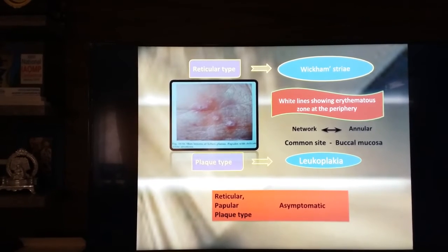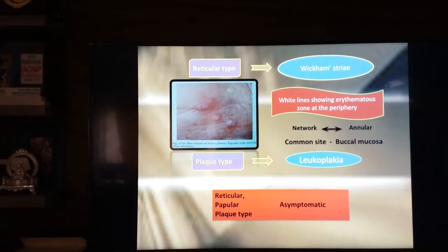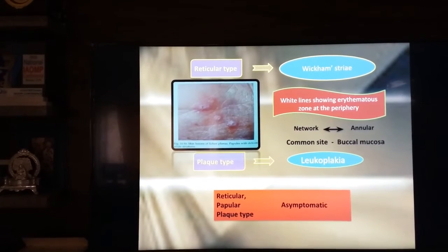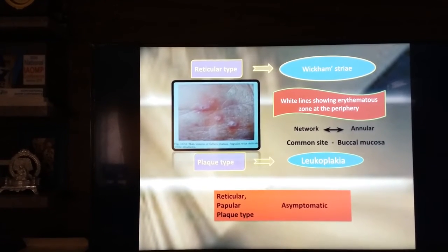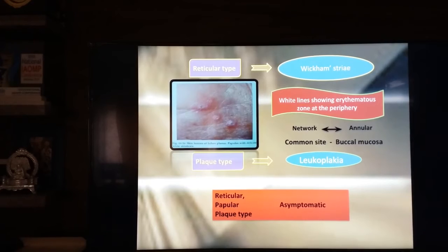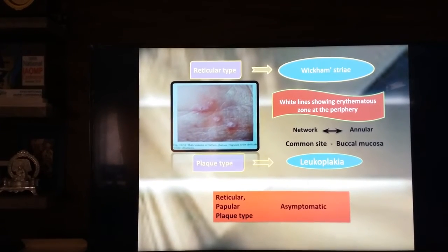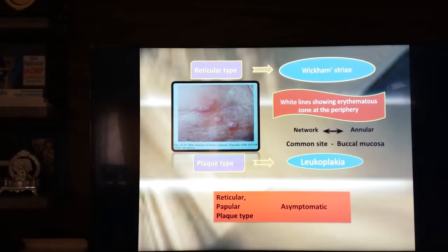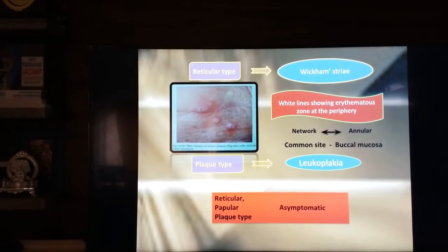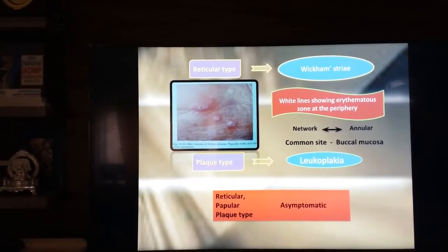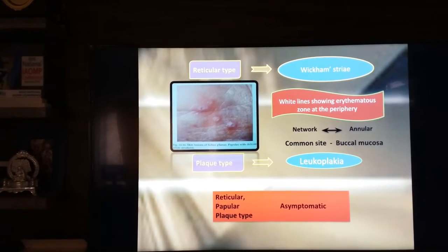We call it Wickham striae, or striae of Wickham. These white lines show an erythematous zone at the periphery. Usually, this network will be annular in nature, and the plaque type can manifest later on in the form of leukoplakia as well.